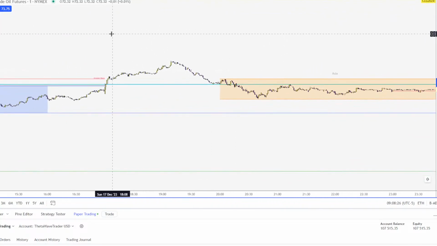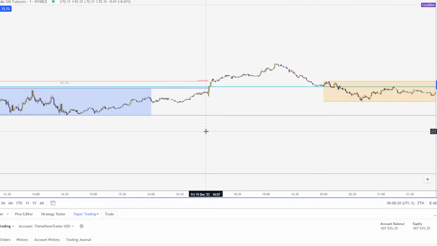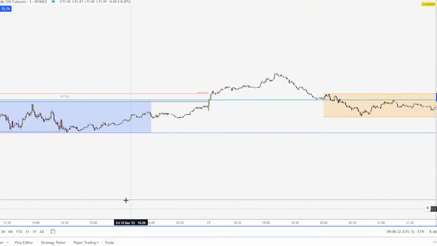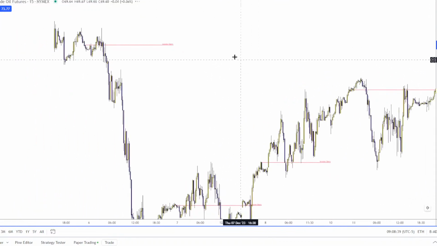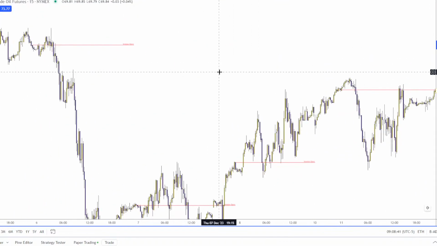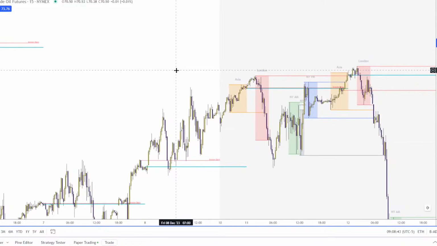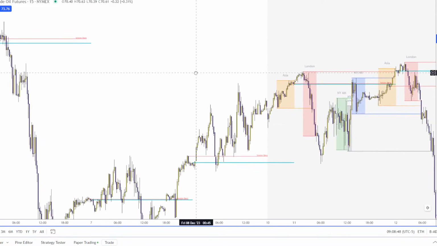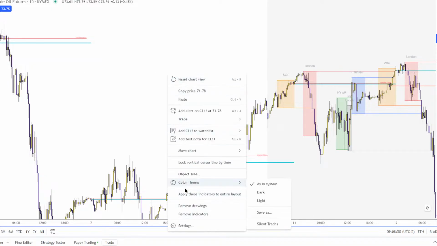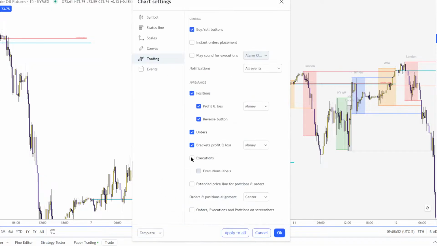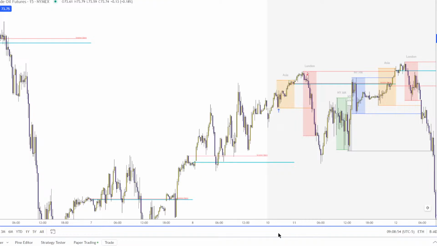I want to show you a lost trade here that I could have nibbled a few $100s out of the market, but I didn't because where is that trade? I think it was in here. Let's find out. Yeah, it's right here.